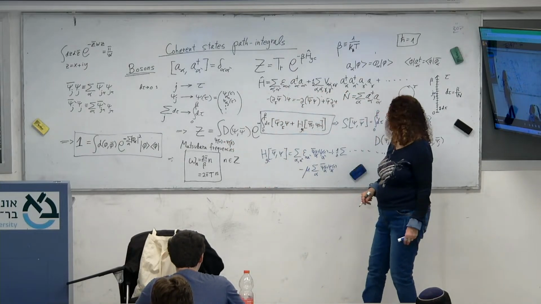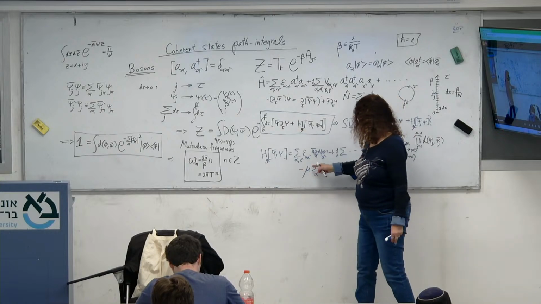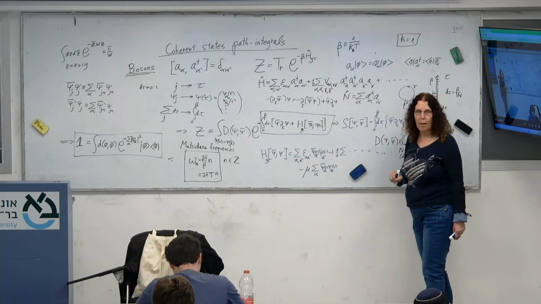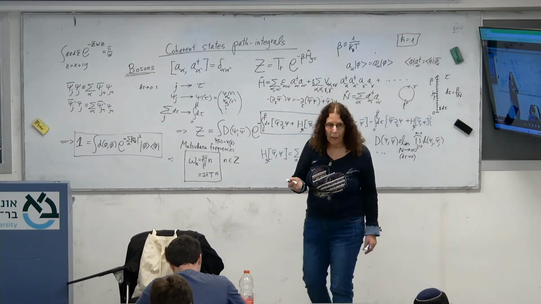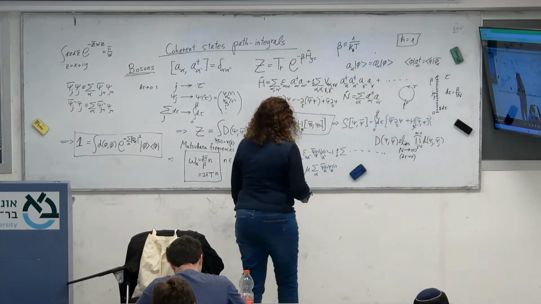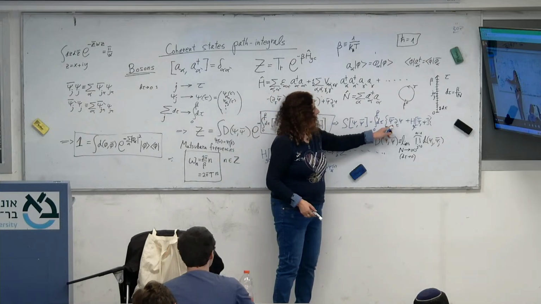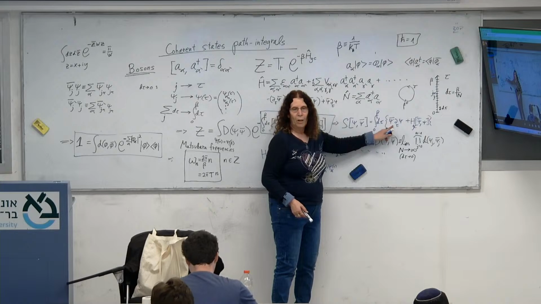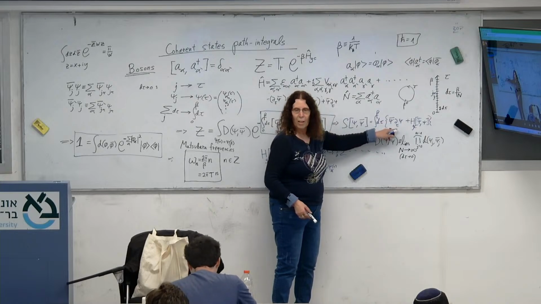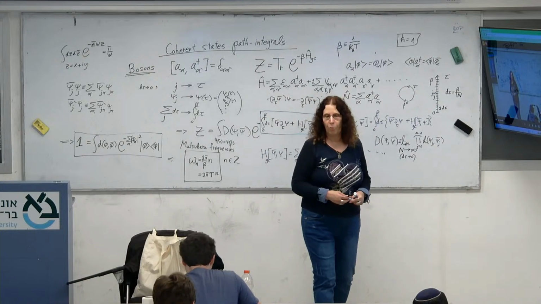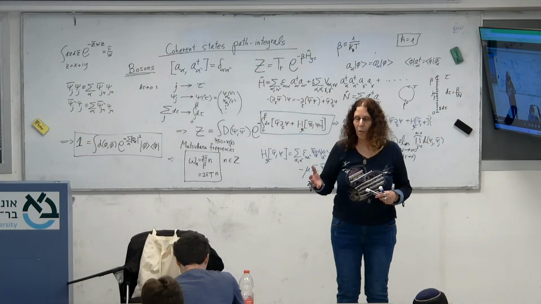I'm going to replace psi of tau at each point in our action by its Fourier series. And why is it useful? Because if you look at the first term, it has a time derivative, right? So the Fourier series will replace it by a factor of omega n, or i omega n.